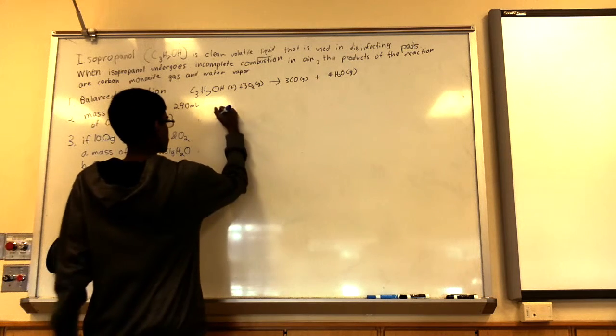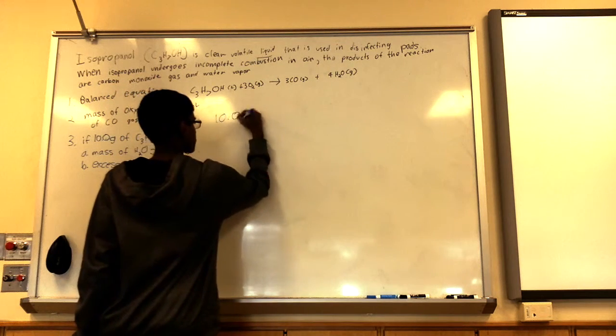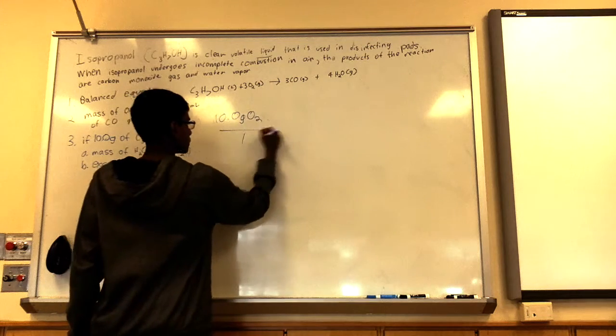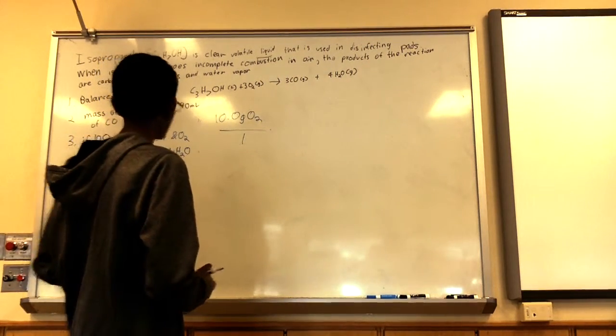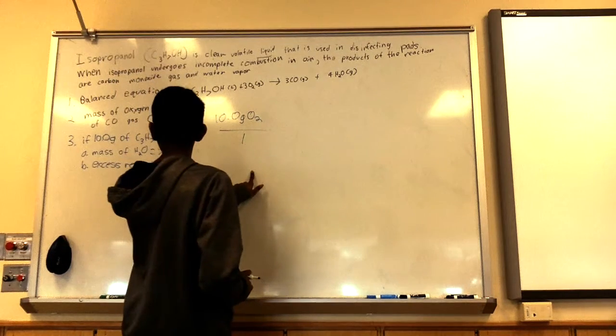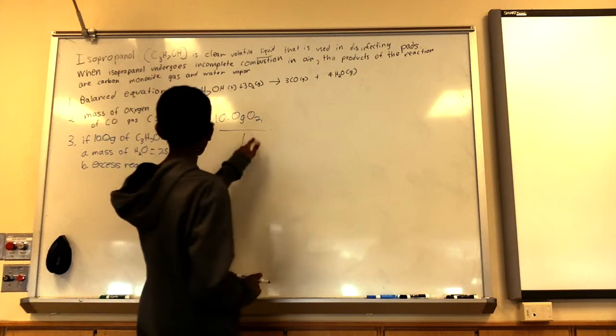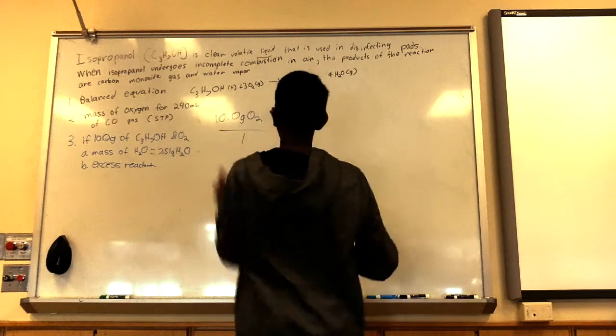So we're going to start with 10.0 grams of O2 over 1, and we will go and take this and convert it to isopropanol.